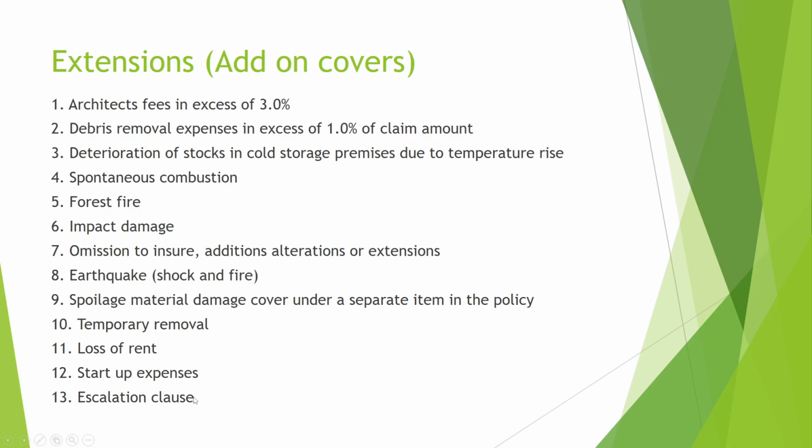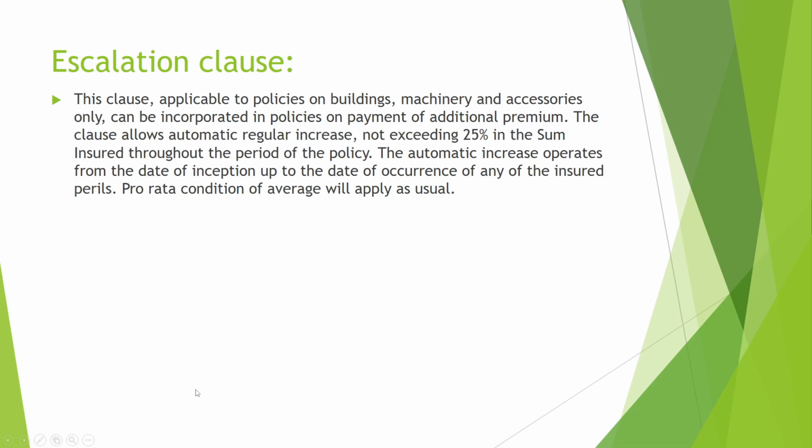Escalation clause, so we will see the escalation clause here. What is the escalation clause? This clause is applicable to policies on buildings, machinery and accessories only, and can be incorporated in policies on payment of additional premium. This clause allows an automatic regular increase not exceeding 25% in the sum insured throughout the period of the policy.